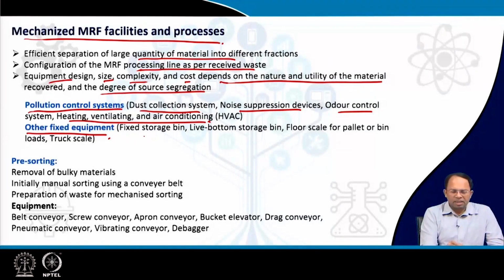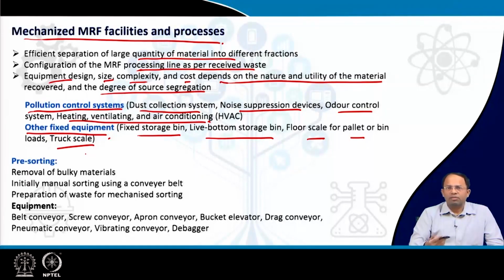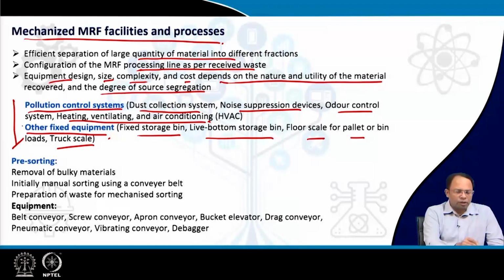Similarly, other equipment includes storage bins, light bottom storage bins, different kinds of scales for pellets at the industry floor, or truck scales where trucks are checked for their load, for their weight and so on, right? So this kind of equipment is also there in this kind of facilities, along with office spaces and all these things, right?